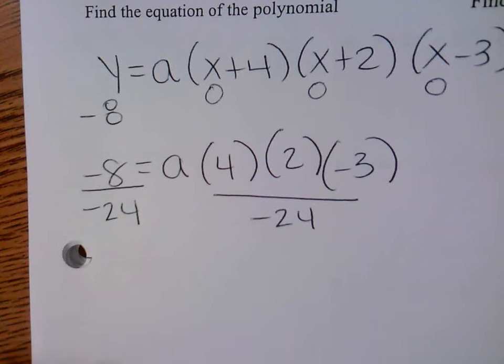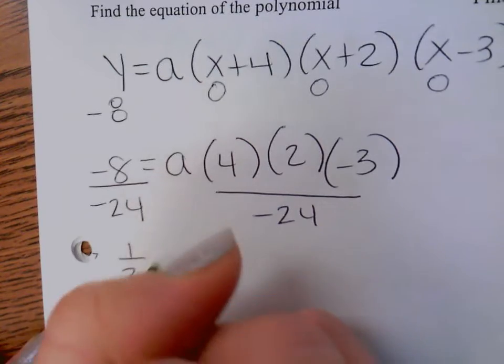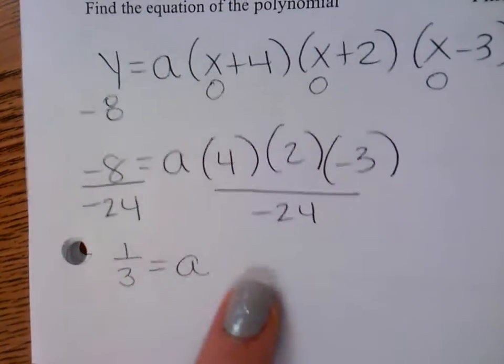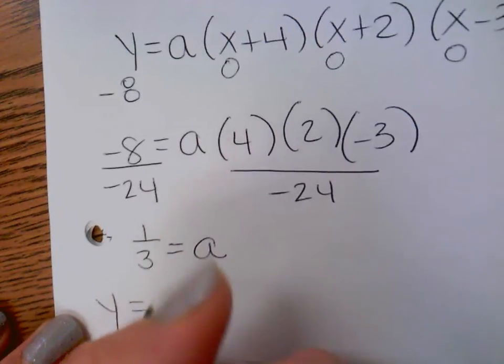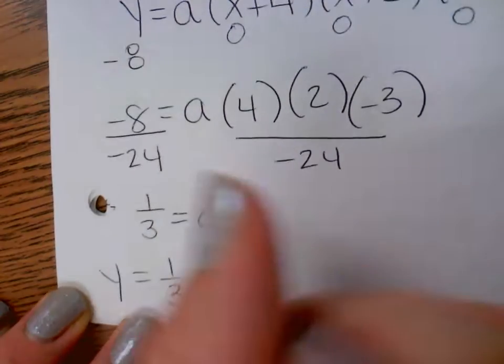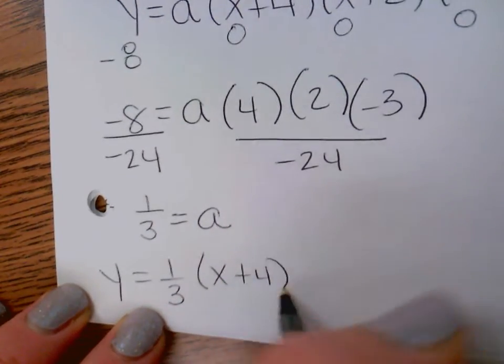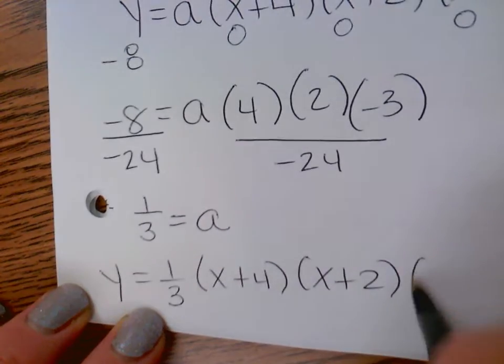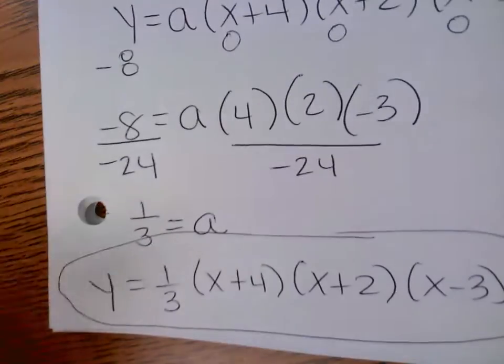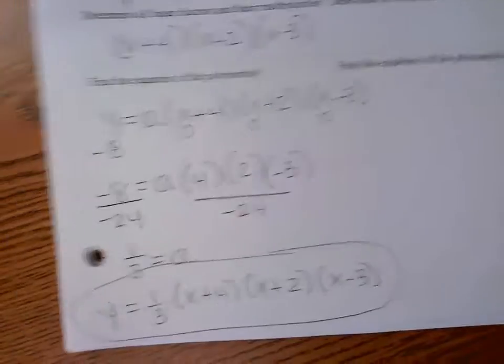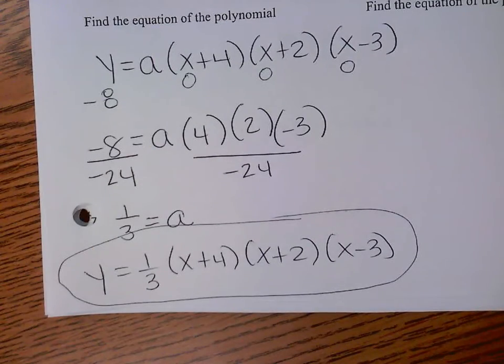It is positive 1/3. Didn't we say that the leading coefficient would have to come out positive? So that fits what we predicted. We just didn't know it was the number 1/3 until now. So my final function is y = 1/3 (x + 4)(x + 2)(x - 3). You just figured out the entire polynomial equation of a graph without needing a calculator. I think that's pretty cool.